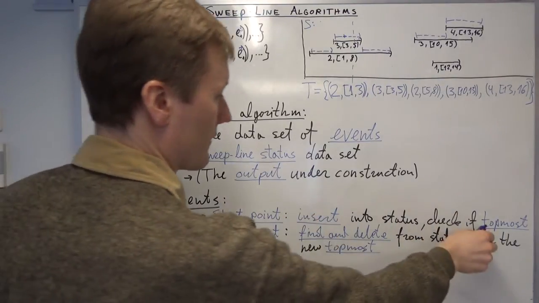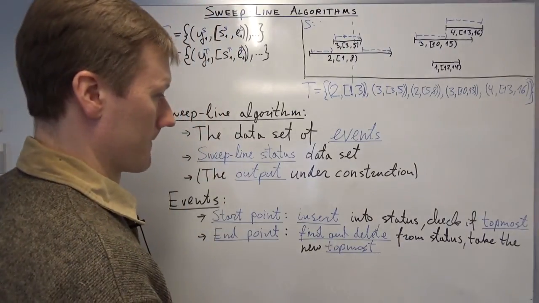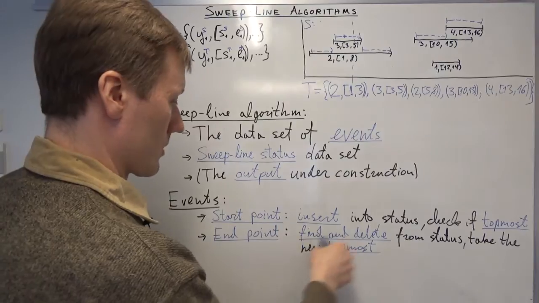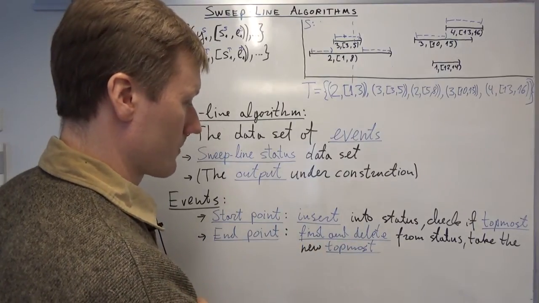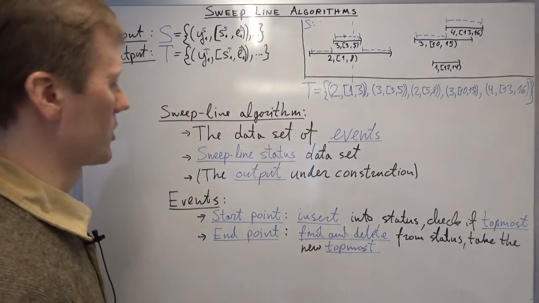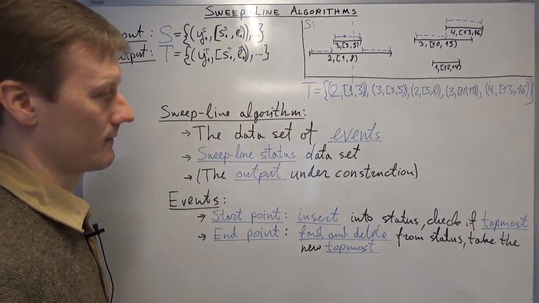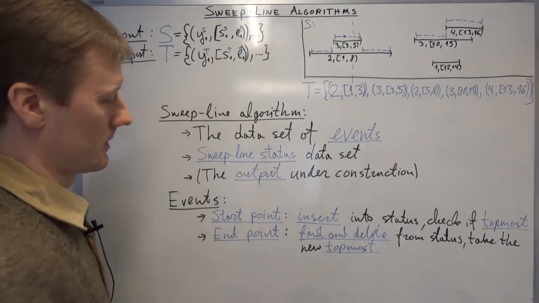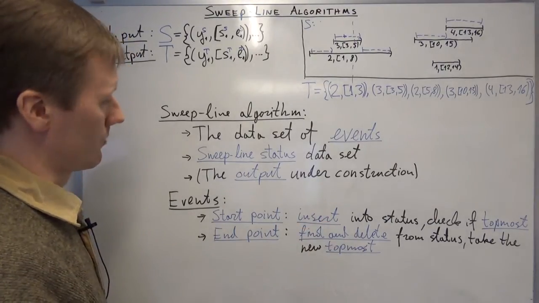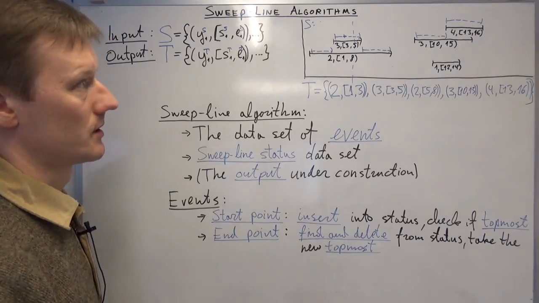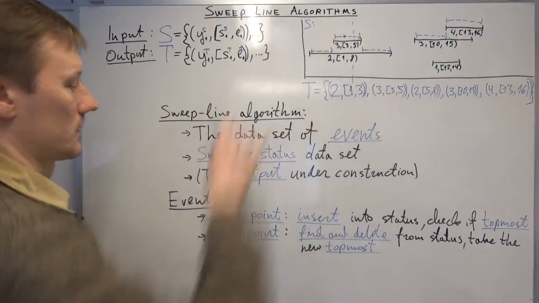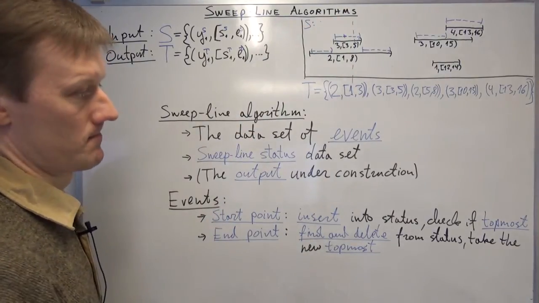We want to efficiently find the topmost, given the y order of the intervals. We want to find and delete intervals from the status. So for these kinds of operations, if we want to have efficient implementations, it seems that a red-black tree or any other balanced binary search tree ordered according to the y coordinate would be a good choice.